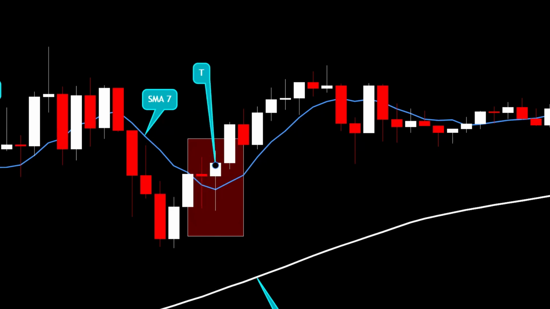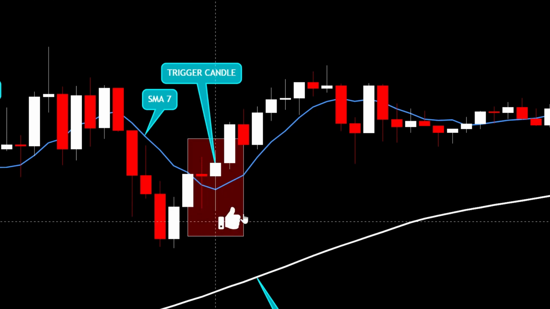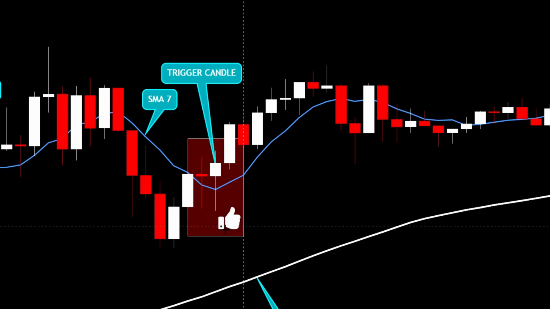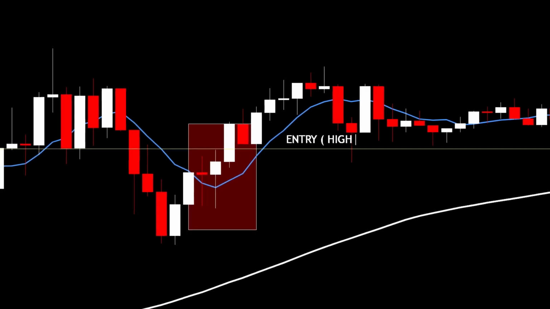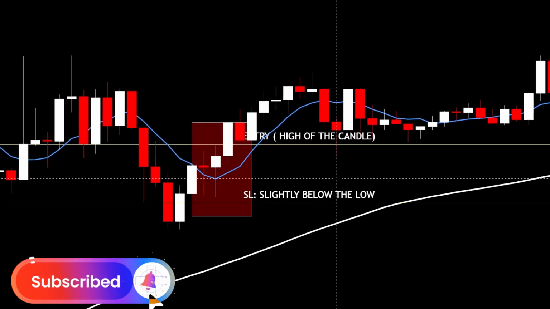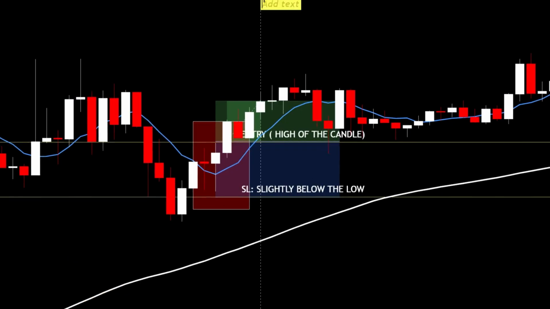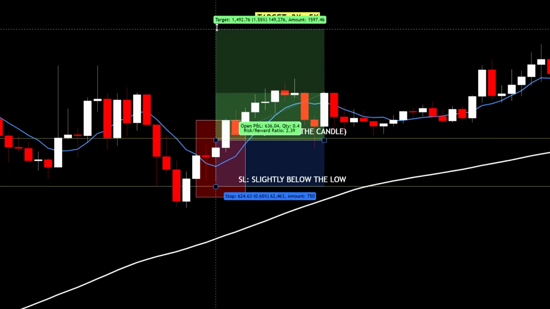And here's the kicker. The bottom shadow needs to be touching or almost touching the 7 SMA below it. Boom. That's our trigger. To jump in, you buy when the price breaks above the high of that candle. And then you're jumping in with a solid plan. It's all about being patient and waiting for those high probability setups.